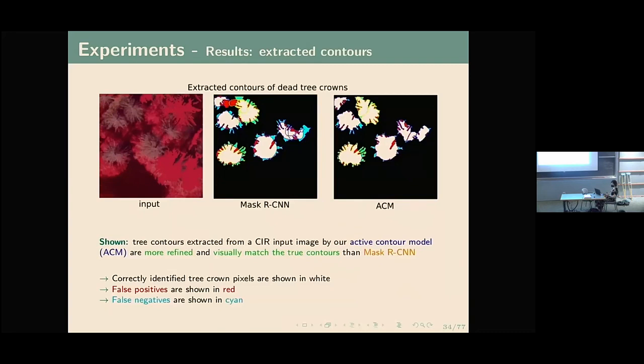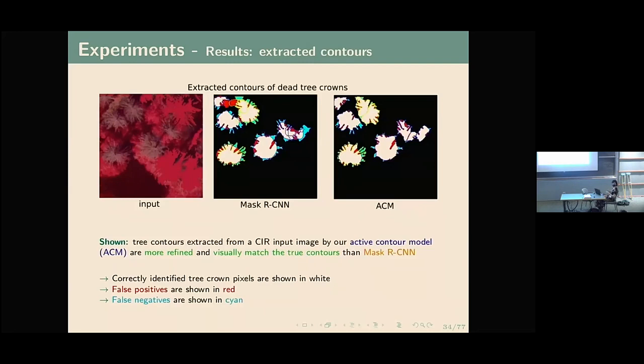Corresponding to the qualitative results just presented, our approach shows more precise and fine outlines of these uniquely shaped tree crowns. If you look, you see we're actually finding some of these intricacies here. Whereas here it's like blob, another blob.